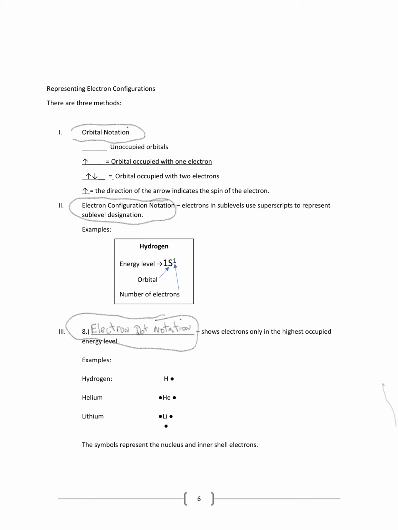I'm going to do a couple here, and then let's go to the next page and I'll show you. Sorry, I want to do orbital notation first. Orbital notation uses these arrows to represent the electrons, which is shorthand used in electron configuration notation.